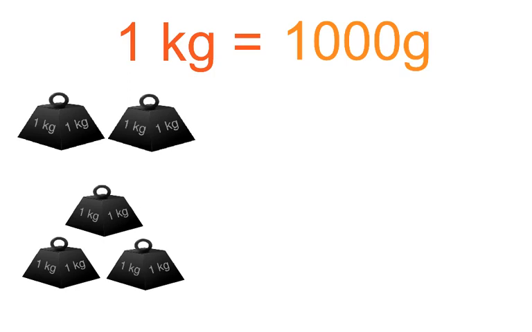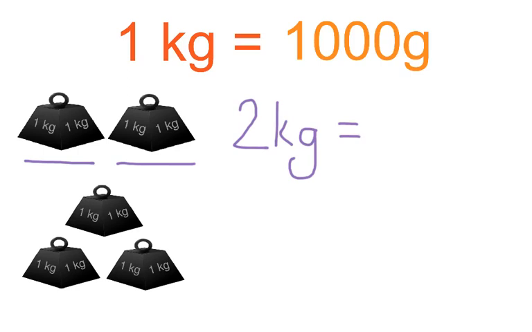So we know that 1 kilogram equals 1,000 grams. So over here you can see I've got 1 kilogram weight, I've got 2 kilogram weight. So I've got 2 kg. Now what would that be in grams?